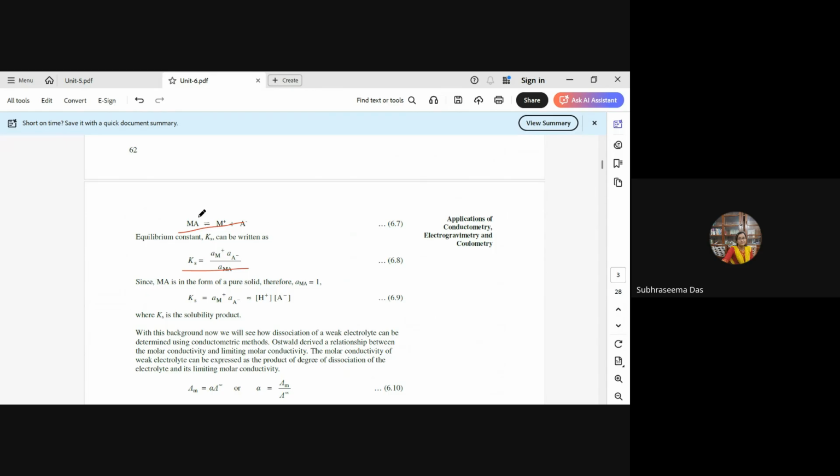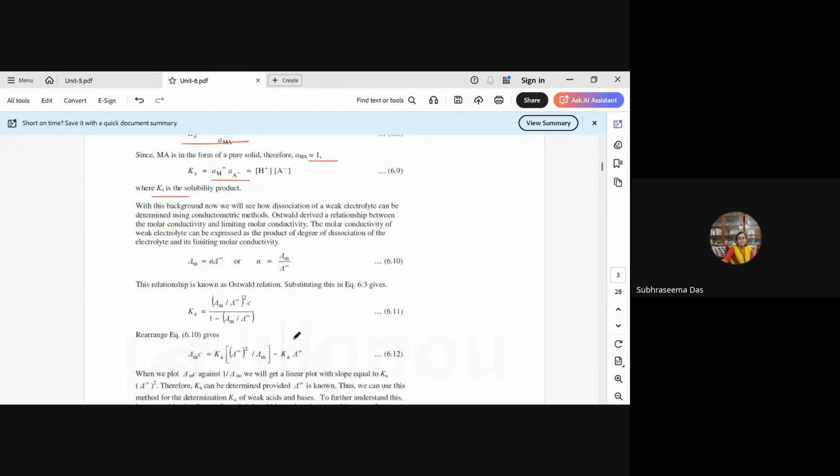Since the salt is in solid form, the activity of MA is equal to 1. Therefore Ks changes to the activity of M plus into the activity of A minus, and this Ks is called the solubility product. So this is the basic concept in the dissolution of weak acids and weak bases.